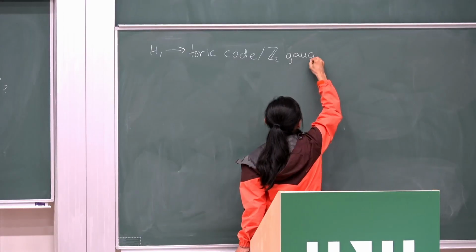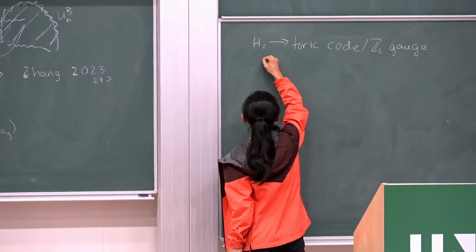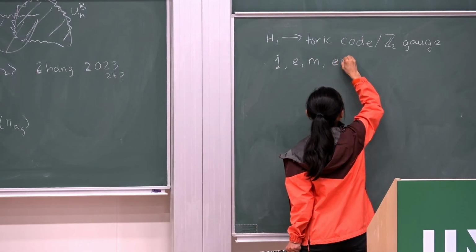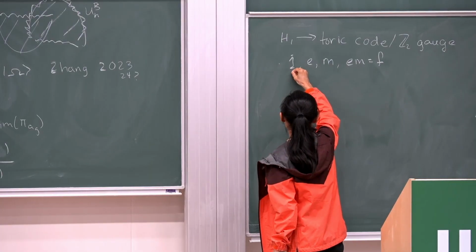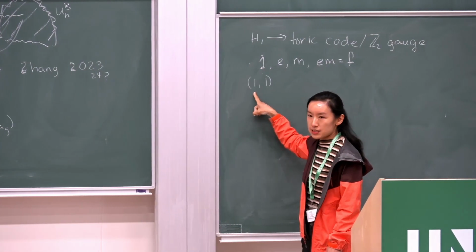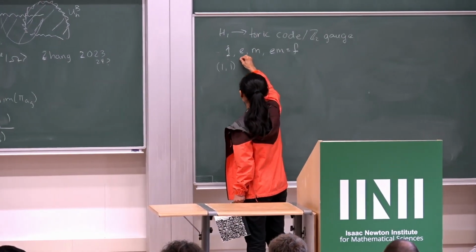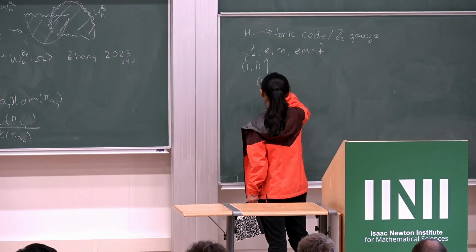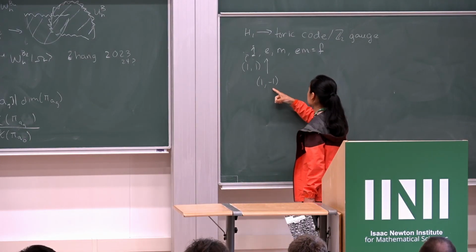In terms of the topological line operators, this has 4 line operators. So this guy is like the 1-1 element, where the conjugacy class is 1, and the irrep is trivial. This is the 1-1 element, where the conjugacy class is 1, and then the irrep is non-trivial.